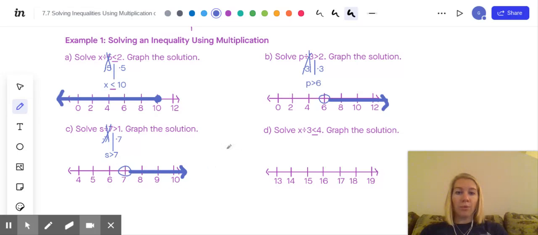Okay, one more. I encourage you to pause the video and see if you can solve D on your own. Problem D says, solve x divided by 3 is less than or equal to 4 and graph the solution. Okay, let's draw a line down the middle. We want to get rid of the divided by 3, so let's multiply by 3.